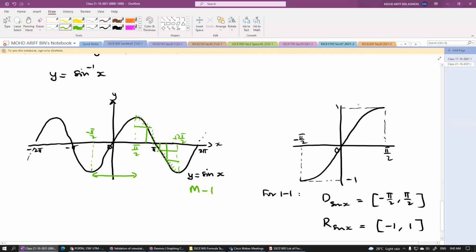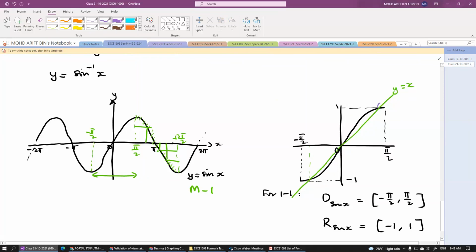1.57. So this is larger than this one. If -1 should be somewhere here, then my y equal to x should cross somewhere here. Okay, y equal to x. So now you draw your inverse graph.